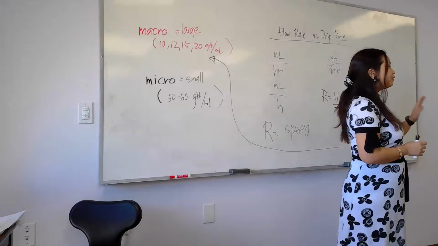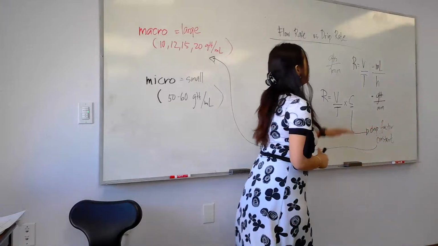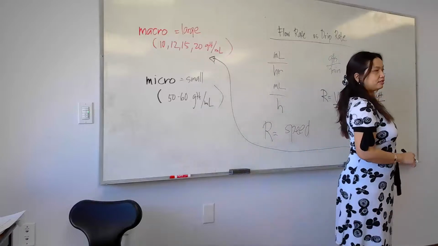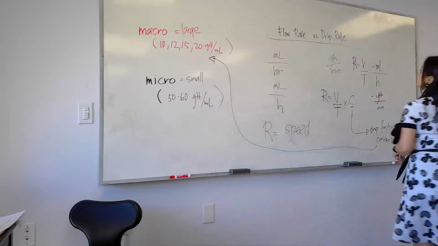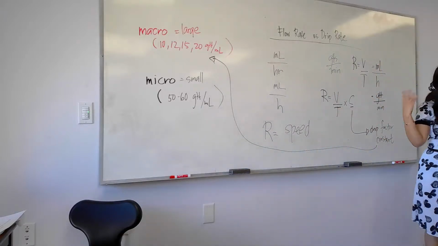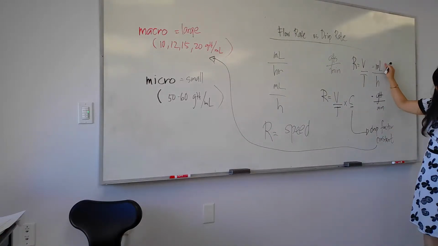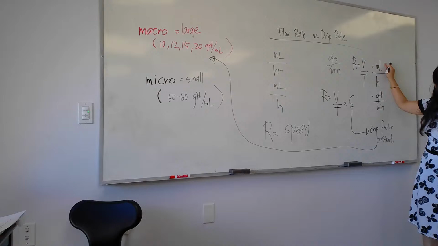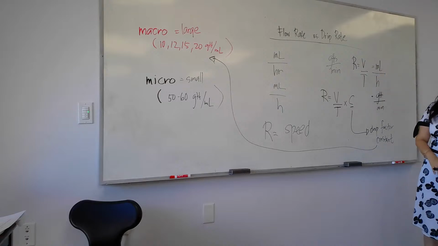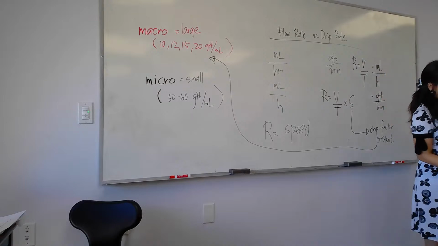I have two worksheets, but I'm going to focus on the simple formula first. So what do you do to calculate for flow rate? Find a volume, which will always be in ml, and find a time, which will be in hours. However, that's not always the case.